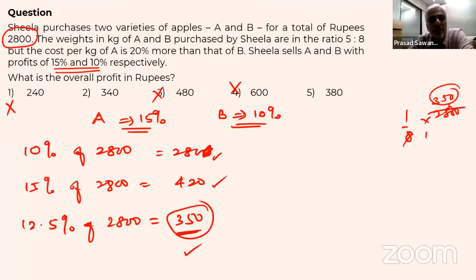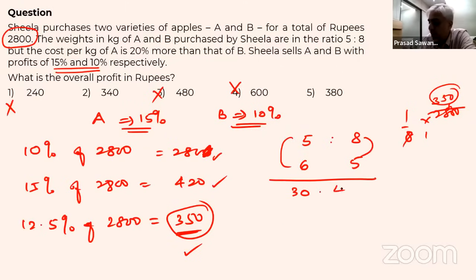Now, listen to this very carefully. The ratio of the weight of A and B was 5:8. What about their cost price? The cost of A was 20% more than that of B, which means if B was 5, A was 6. That means the total cost for A was 30 when B was 40. So the ratio of A to B was 3:4.